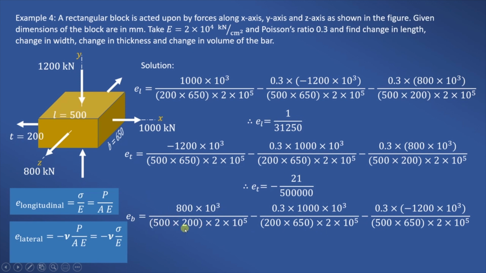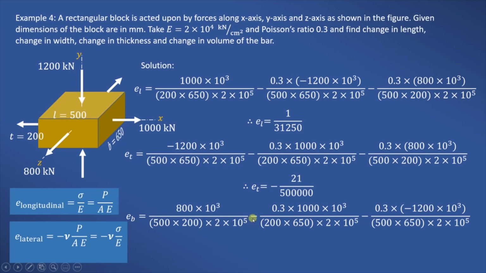Put the corresponding cross-sectional area carefully. With reference to the Z axis, cross-sectional area is 200 into 500. Check here. Now this area 200 into 650 corresponds to the 1000 kilonewton load. The 1000 kilonewton load is along the x-axis, so corresponding cross-sectional area is 200 into 650.